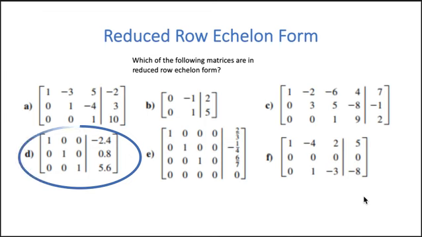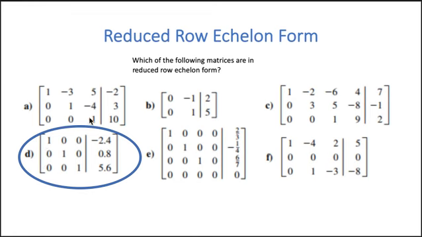So for example, let me go back here. Here are 6 matrices. Which of these are in reduced row echelon form? Well, I started to circle one of them, and that is in reduced row echelon form. It's in reduced row echelon form because it has 1s on the diagonals and zeros everywhere else.